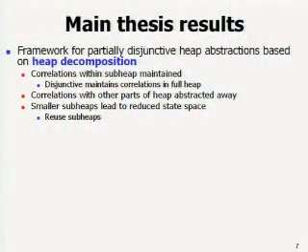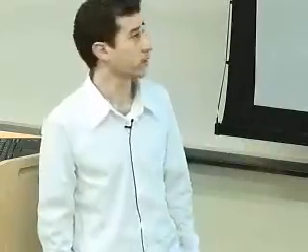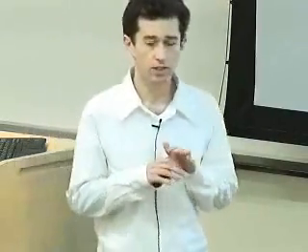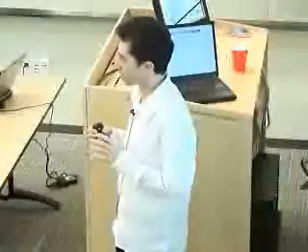So here are some results that I have in my thesis. The first one is a framework to create these partially disjunctive abstractions. They're defined in terms of the concept of heap decomposition, which is the main issue in my talk. The idea is that instead of tracking correlations for the global heap, you take a heap and decompose it into a set of smaller subheaps.